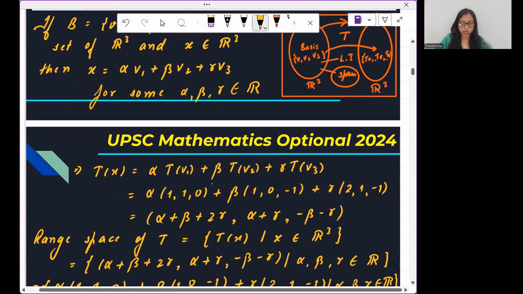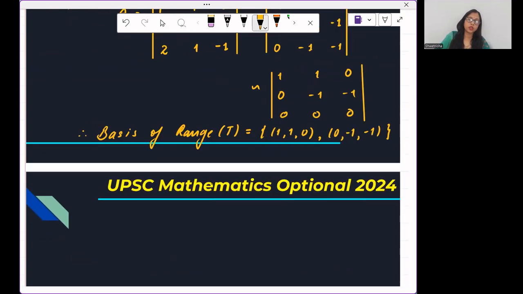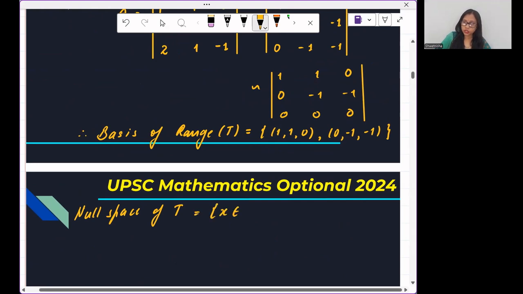So again, let's apply the definition. Null space of T is equal to all the vectors from R3 such that when we apply the transformation on it, it maps to 0, 0, 0. Right?